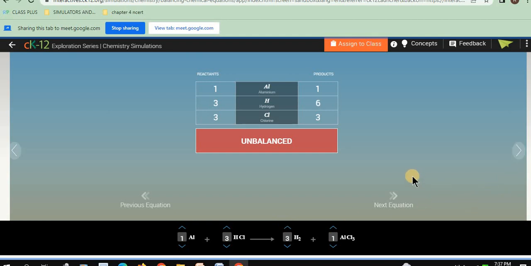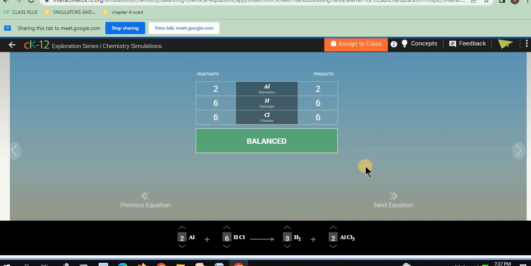How many hydrogen on the right hand side? 6. You have to make it 6. How many chlorine on the left hand side? 6. Right hand side how many chlorine? 3. Then multiply by 2. How many aluminium on the right hand side? 2. Left hand side? 1. To make it 2.